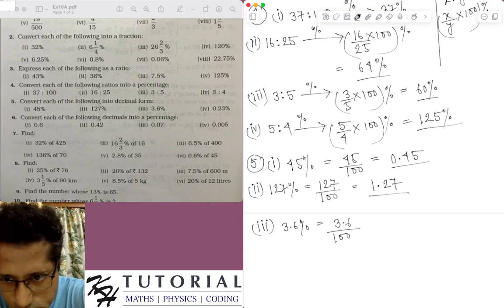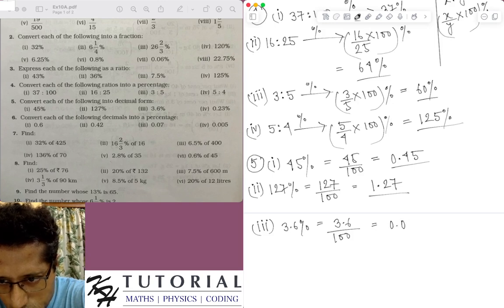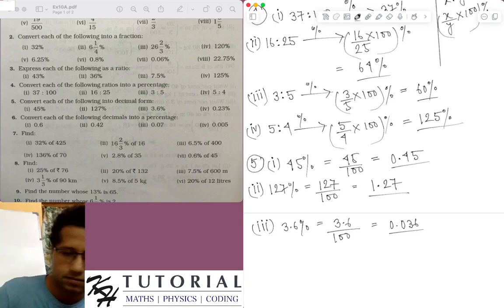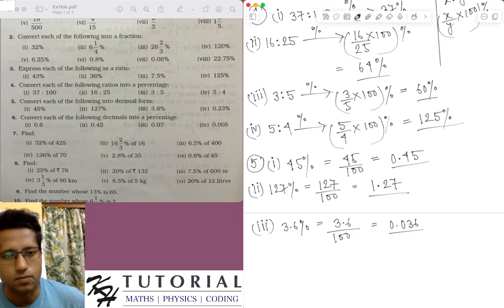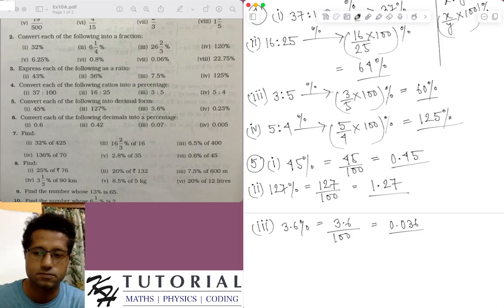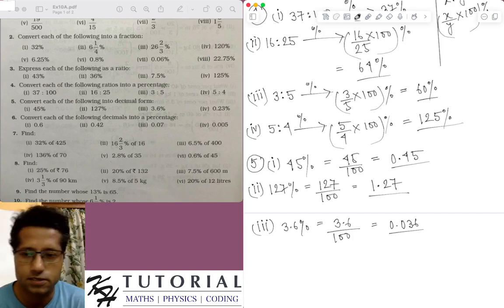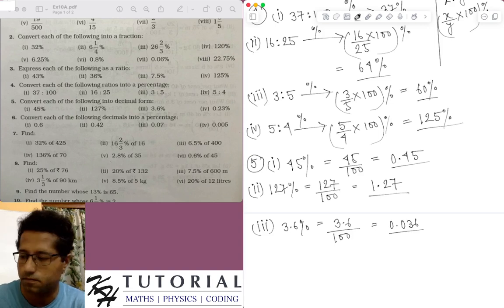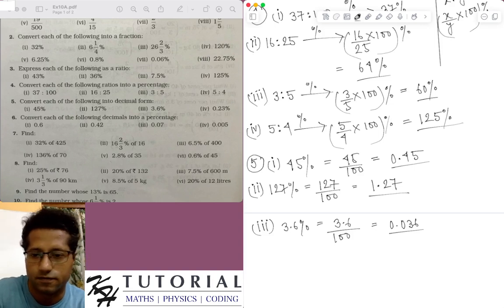Now this equals 0.036. You need to have a good foundation of the concepts of converting a fraction into a decimal to solve these kinds of problems, like expressing a percentage as a decimal.